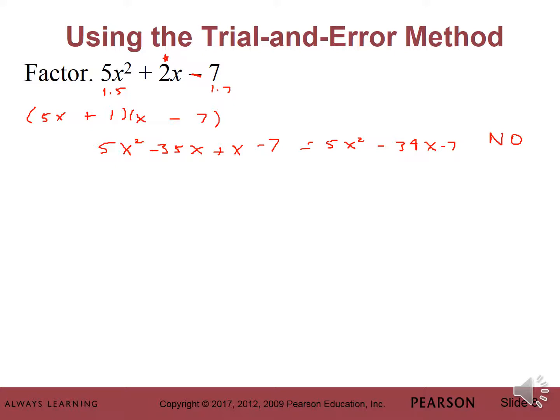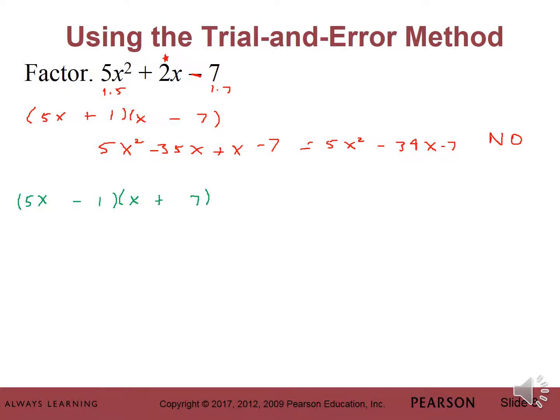And so we go to still a 5x and an x and a 1 and a 7, but we're either going to switch the signs or we're going to switch the numbers. Let's keep the 1 and the 7 and go negative and a positive.